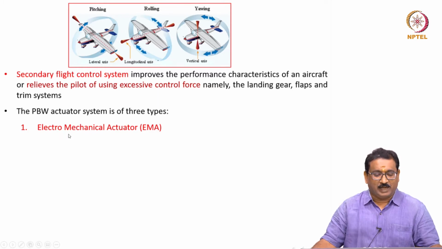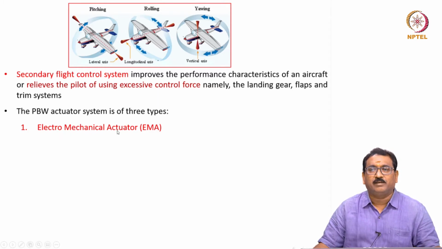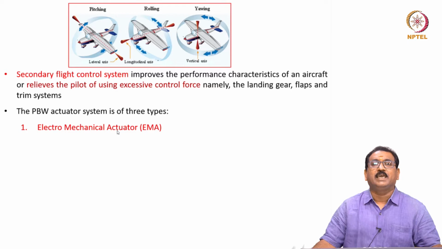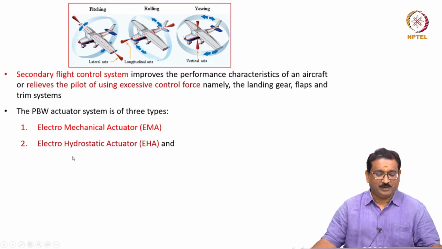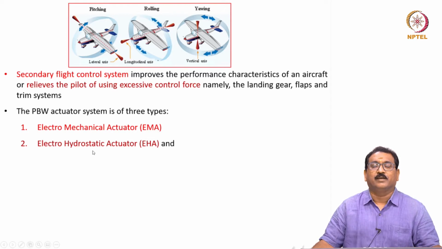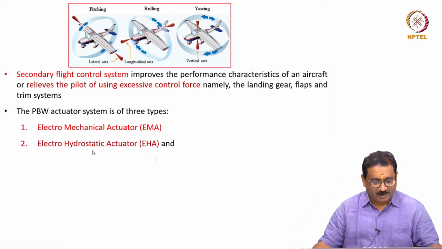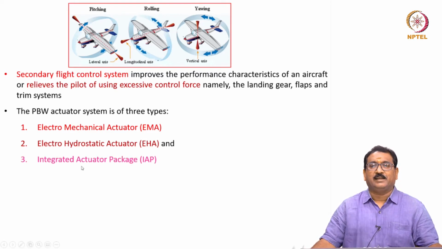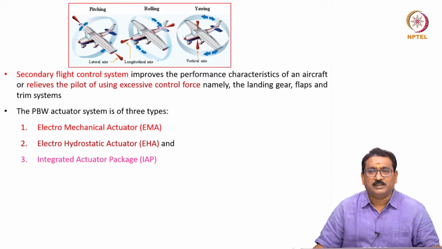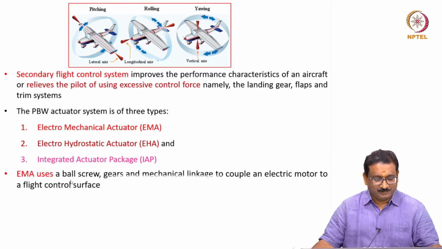The first one is the electromechanical actuator, briefly known as EMA. The second one is the electrohydrostatic actuator, EHA, which is today's class discussion, and the third is the integrated actuator package, also known as IAP.